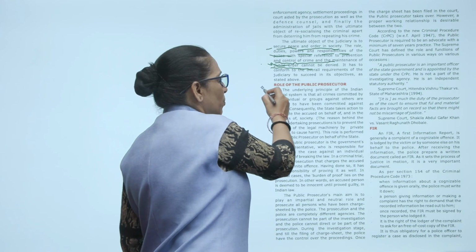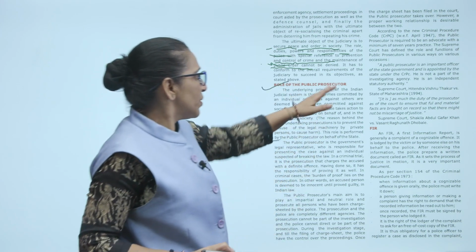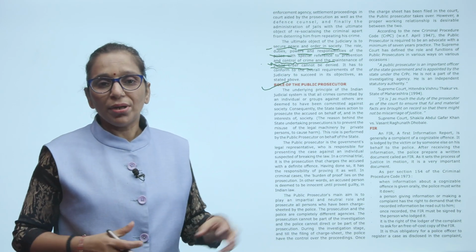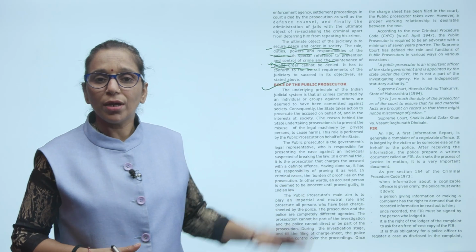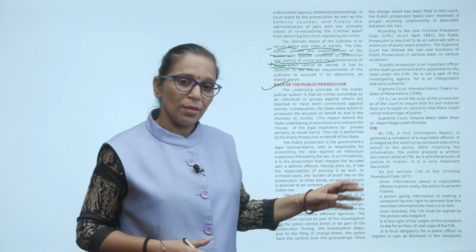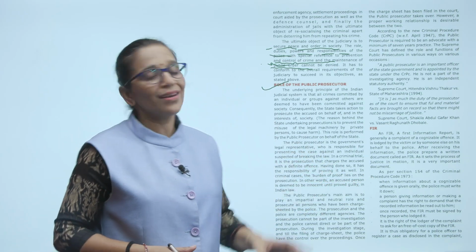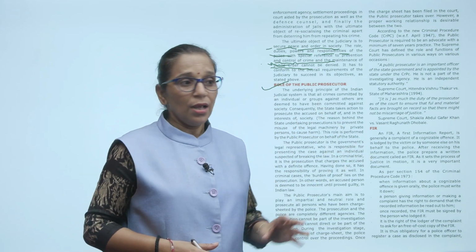Now, role of public prosecutor. The underlying principle of the Indian judicial system is that all crimes committed by an individual or group against others are deemed to have been committed against society. Means if a person is committing any crime against any person, that is seen as a crime against the whole society.